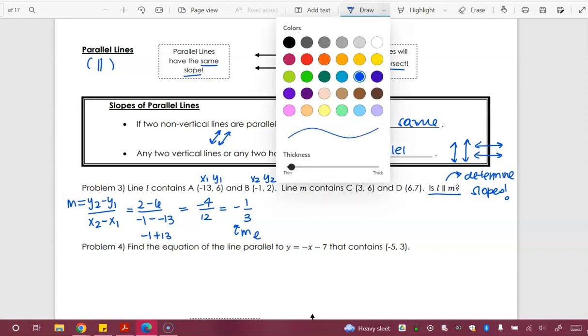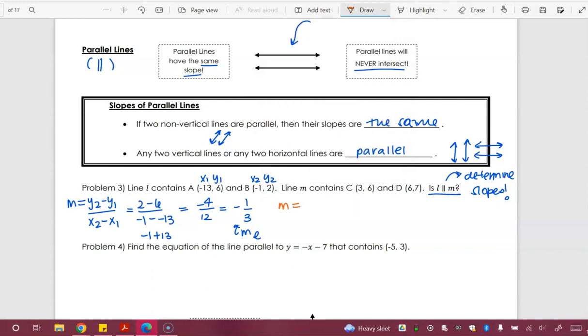Now we're going to find the slope of line M. Let's label again, x1, y1, x2, y2. So I'll have 7 minus 6 over 6 minus 3. 7 minus 6 is 1, 6 minus 3 is 3. This is my slope for line M, 1/3. So are these lines parallel?